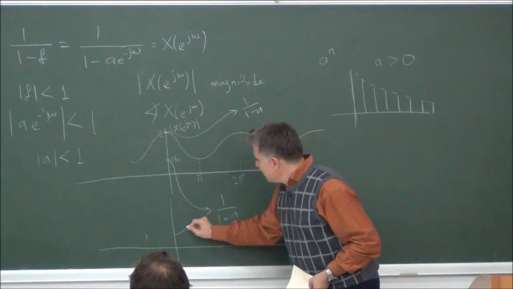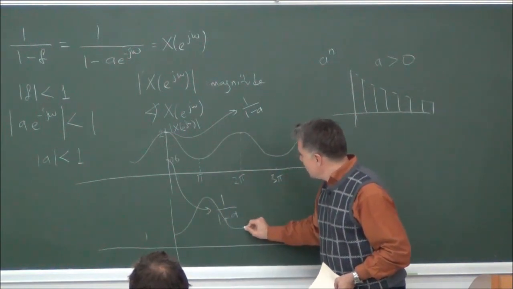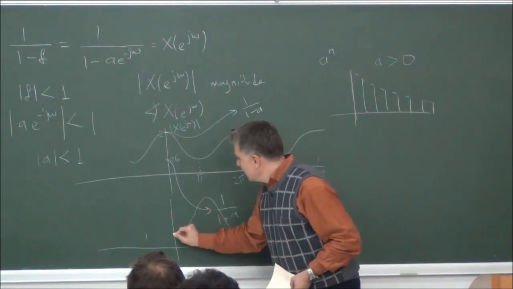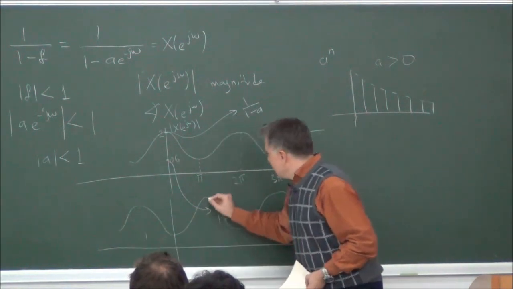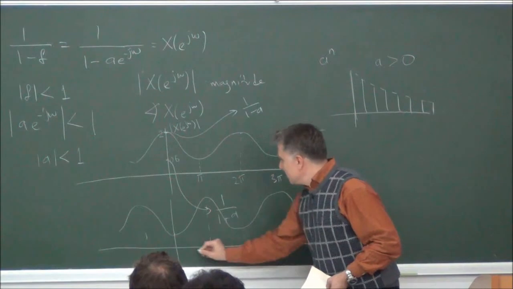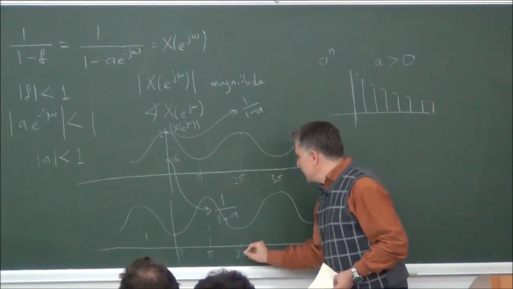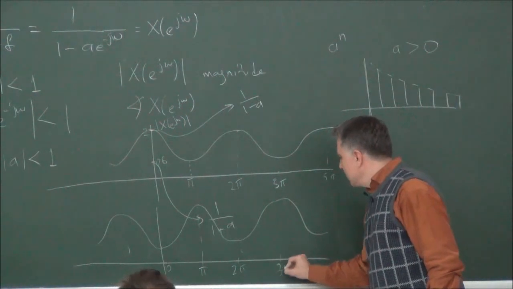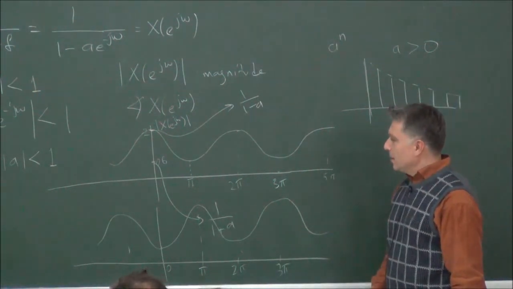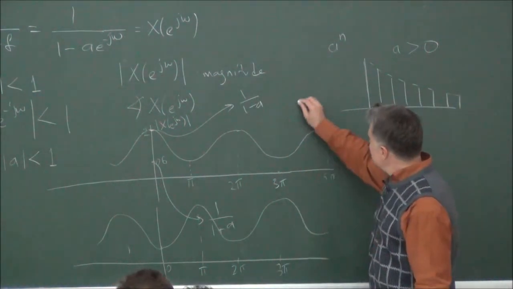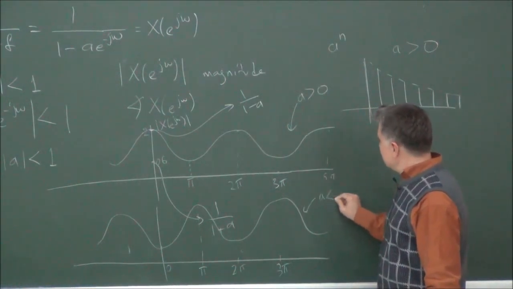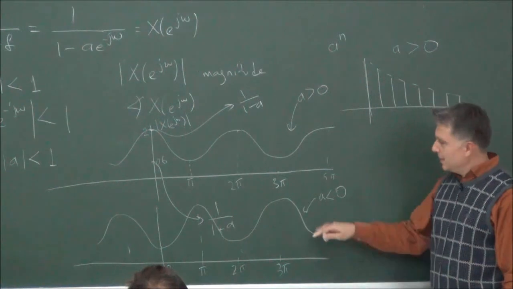So the shape will be the opposite, like this. At pi it is larger, at 0 and 2 pi it is smaller, and at 3 pi it's again larger. This is for a greater than 0, this is for a less than 0 situation.